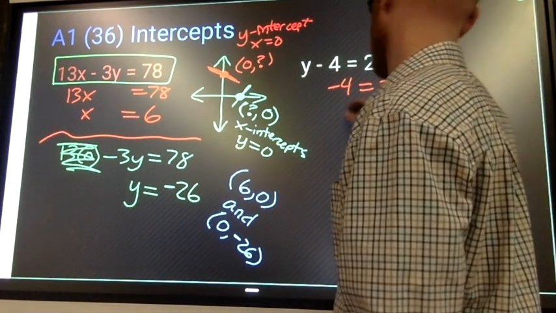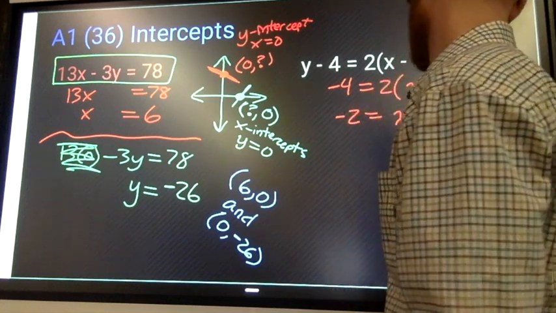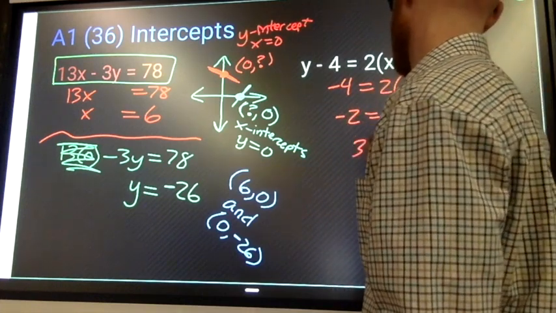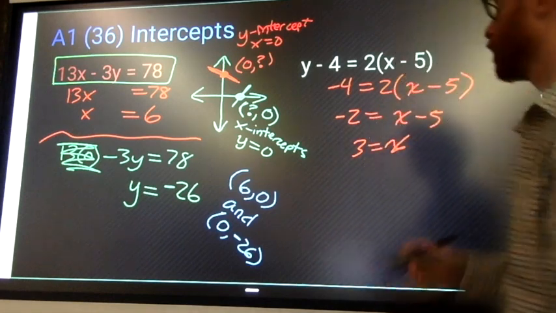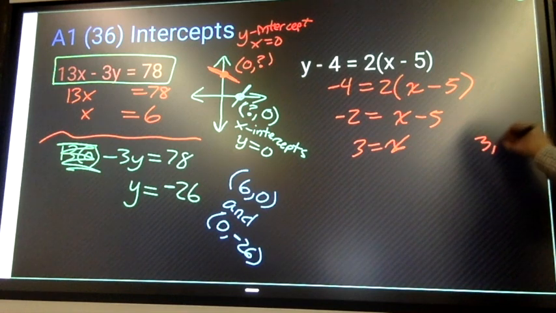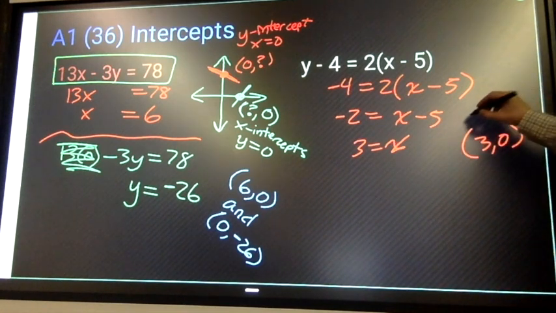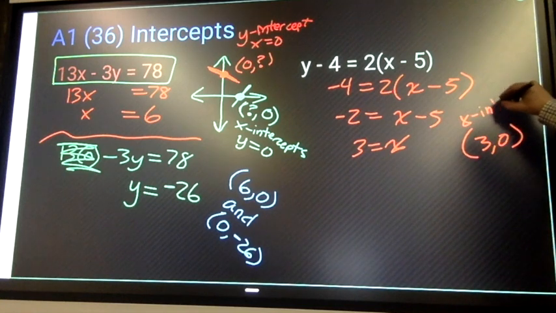Divide both sides by 2. We'll have negative 2 equals x minus 5. Add 5 to both sides. We'll have 3 equals x. When x is 3, y is 0. When y is 0, x is 3. That's my x-intercept.